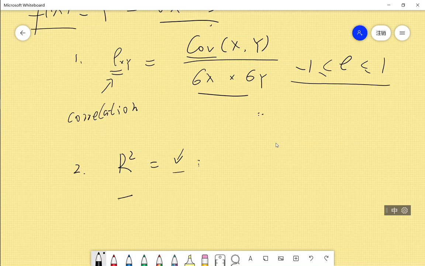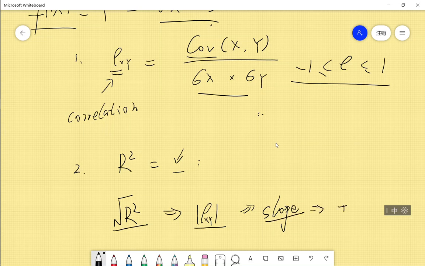You use the square root of the R square to get the absolute value of the relationship between x and y. And you use the slope coefficient to decide whether it's a positive or negative number.